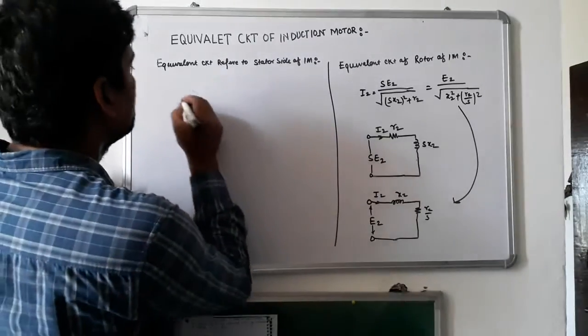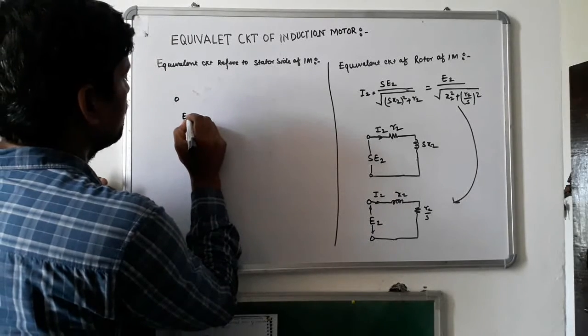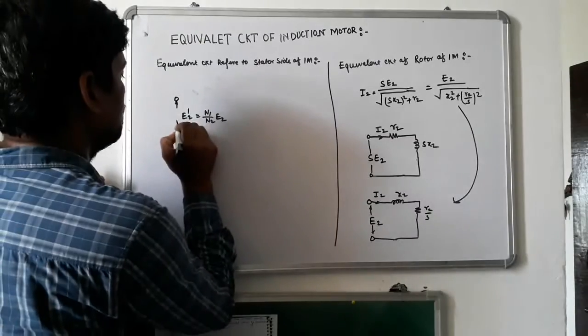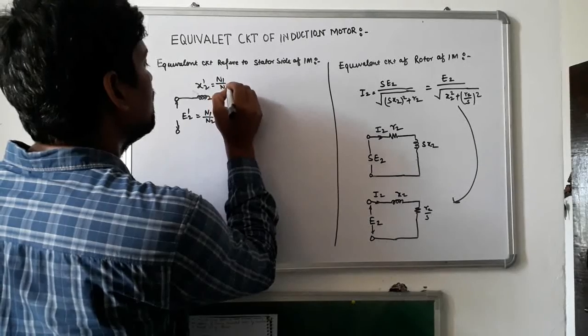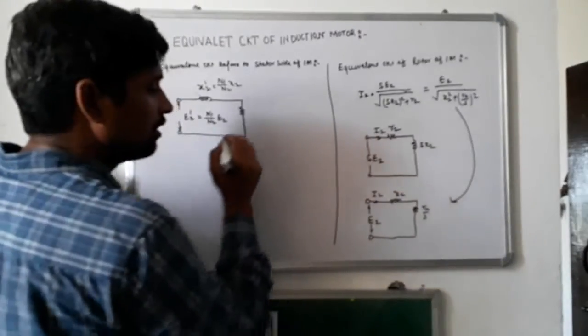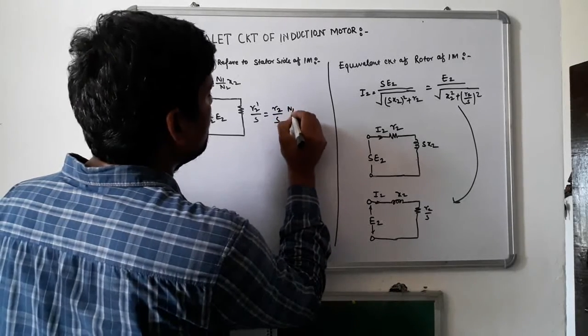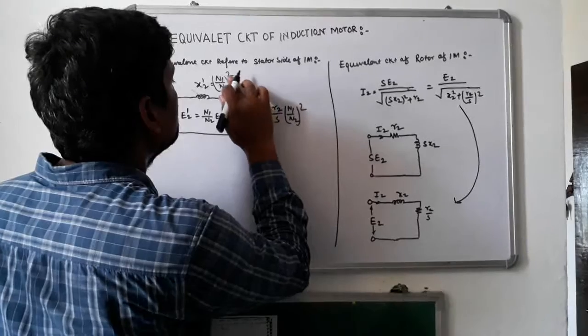The rotor circuit quantities will be: E2 dash is equal to N1 by N2 times E2, X2 dash is equal to (N1 by N2) squared times X2, and R2 dash divided by S is equal to R2 divided by S times (N1 by N2) squared.